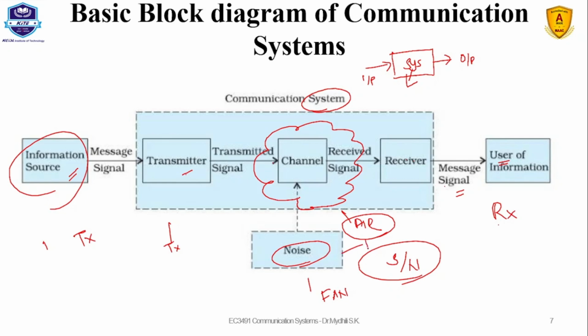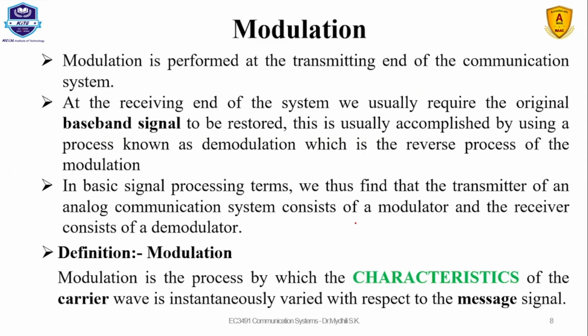This noise is to be reduced. That is very, very important when information is passed. So the output here ideally would be y of t equal to x of t, but with noise it will be x of t plus the noise signal n of t. Generally, a communication system output is represented by this equation. So this is what the basic block diagram has.